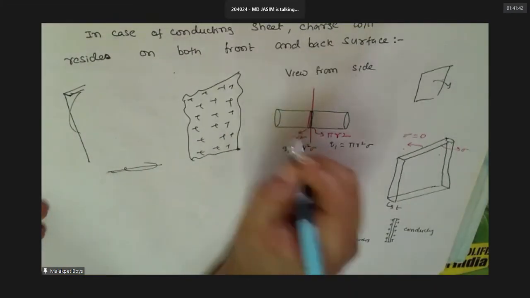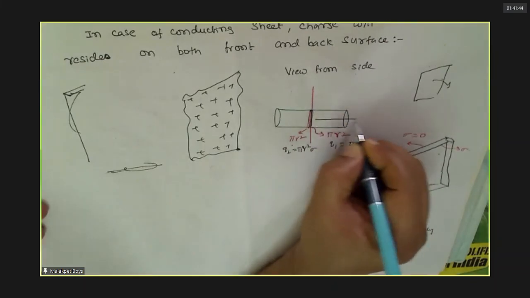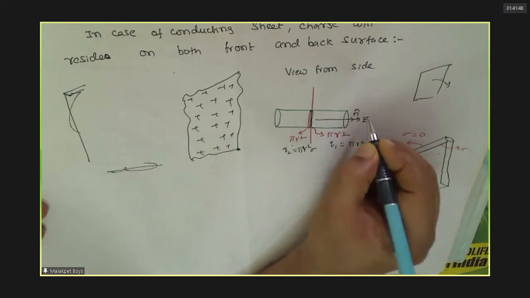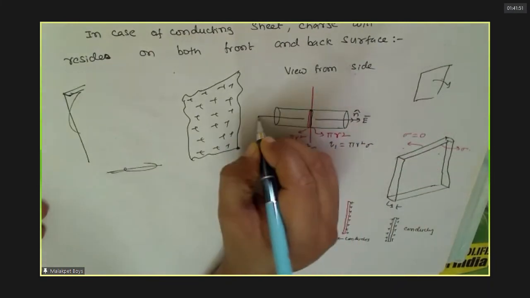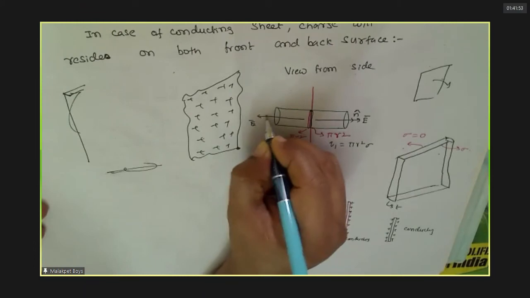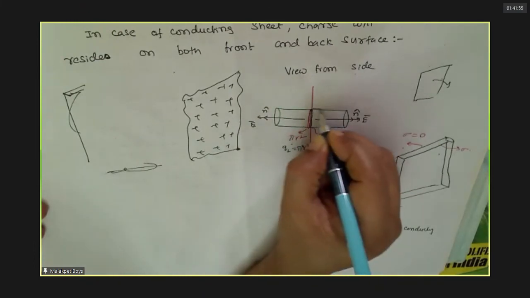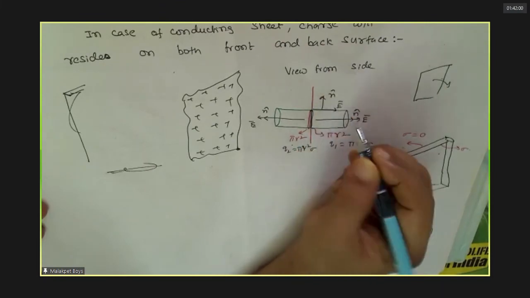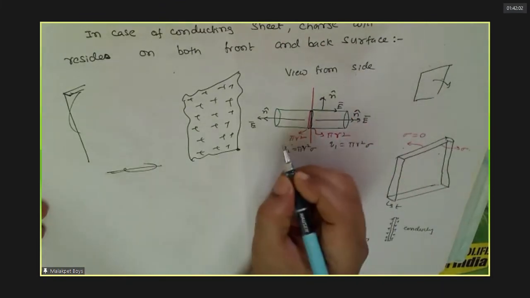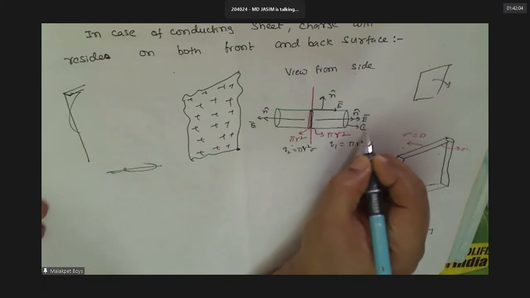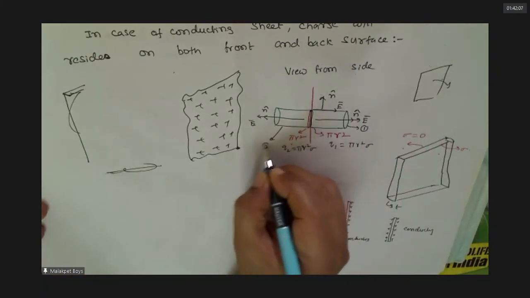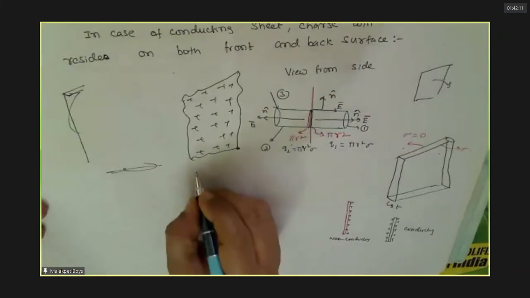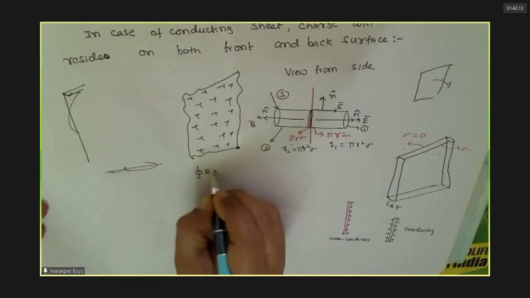So, you know that this is the electric field, this is N cap, this is the electric field, this is N cap, this is the electric field, this is N cap. Okay? Now, I'll apply E dot ds to everything.